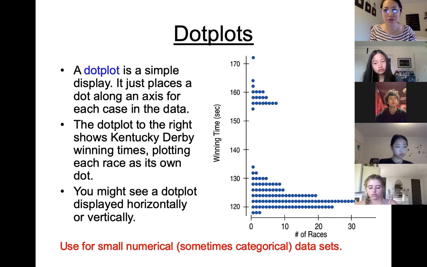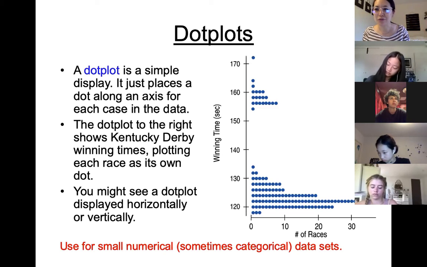You don't want to do this if you have like 2,000 horses. It's going to take you a long time to plot these. And at that point, the individual dots don't really make a big difference because there's so many of them. So useful for small numerical data sets. I've sometimes seen it with categorical, so it's possible, but for the most part, we use it for numerical.